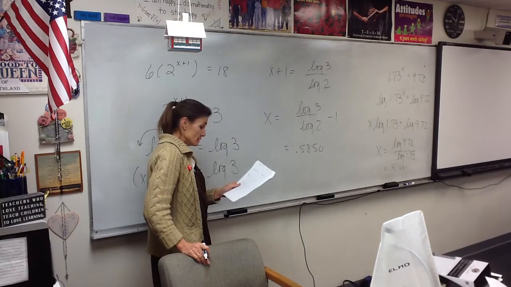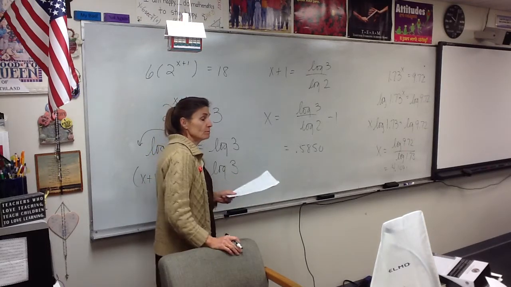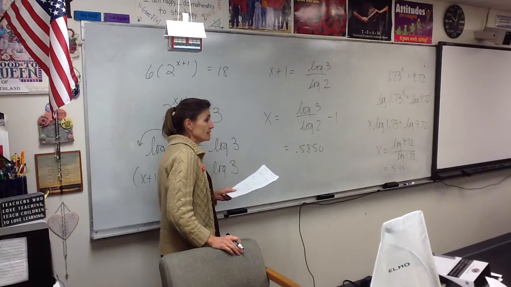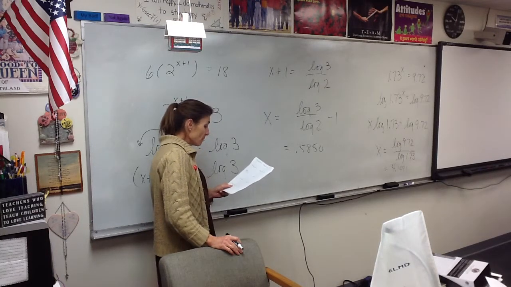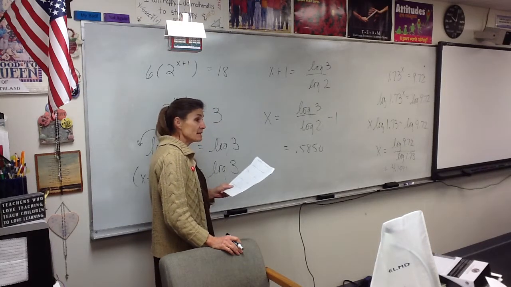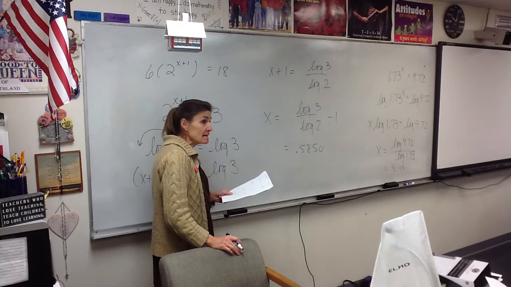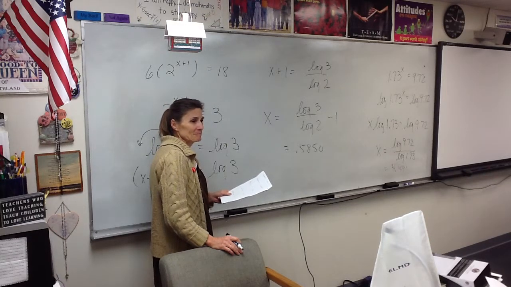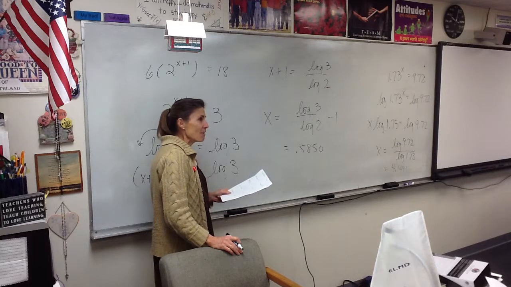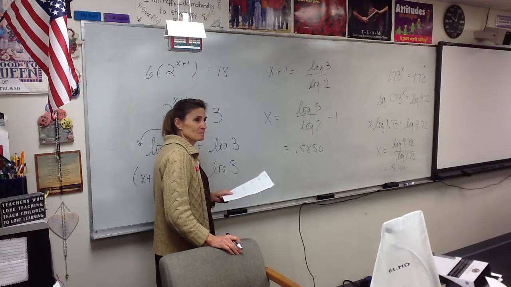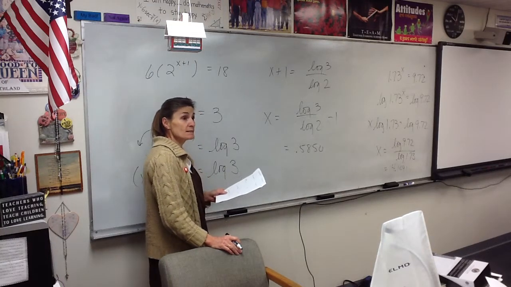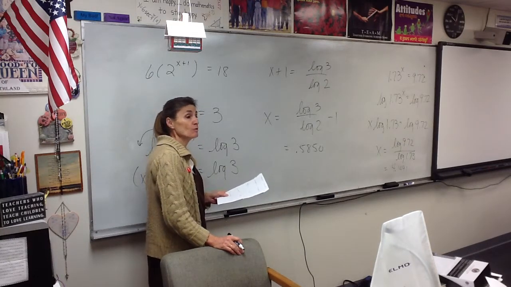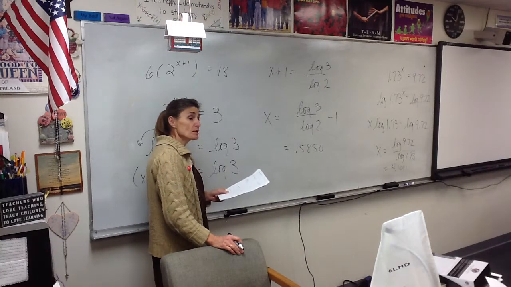Okay, now I'm going to do one more with you because it's a little bit different. Do you notice problem E? We're ready for problem E now. It has an e in it. Any idea how that might change things? What is e equal? e is Euler's constant, we talked about, it's the base of the natural logarithms, and it's a number just like pi.